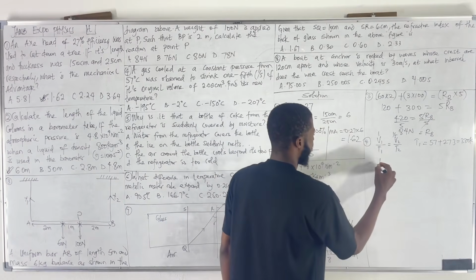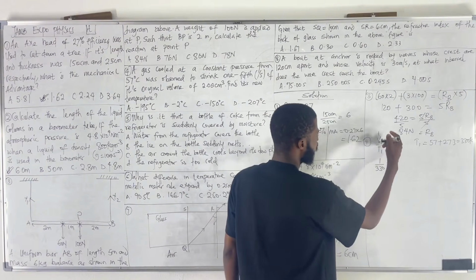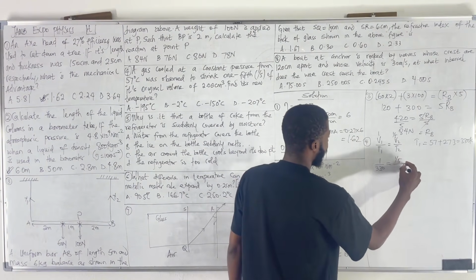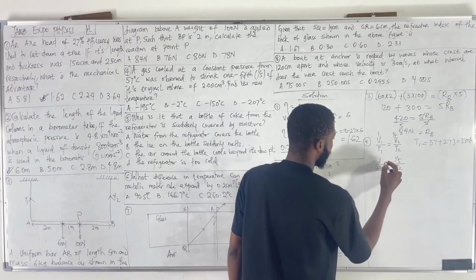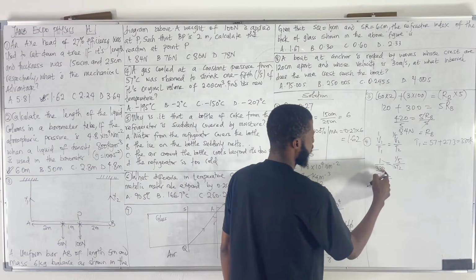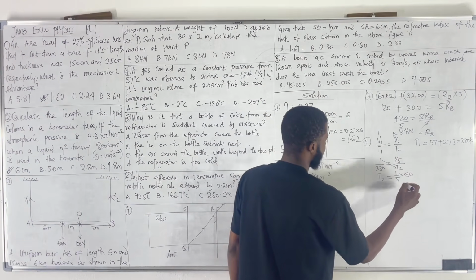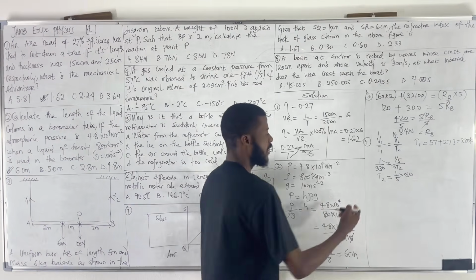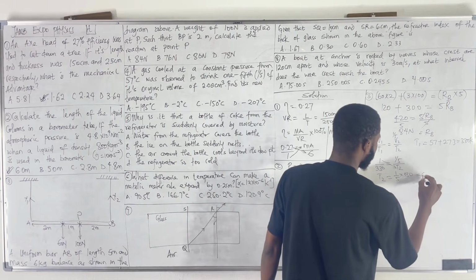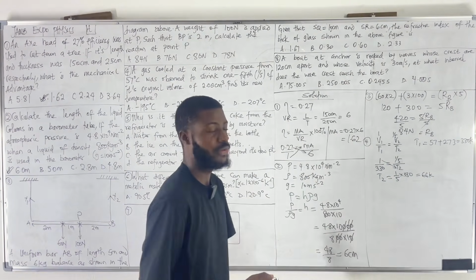So I'm going to put 1 over 330 K equal to V2, 1/5, over T2, which I'm looking for. Now I could cross multiply. 1 times T2 is T2, then 330 times 1/5, which basically means you are dividing by 5. So this should give 66 Kelvin. That's what we're going to be getting.